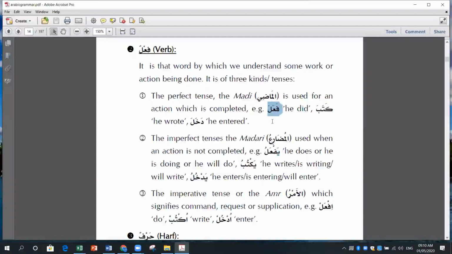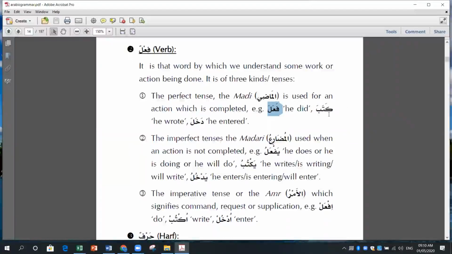In Arabic, almost all words are constituted from three main letters, called the root letters, the root word. For example, what is the root word for fa'ala? You will say fa, ain, lam. What is the root word for kataba? You will say kaf, ta, ba. Because we may make many different words from these main three letters.